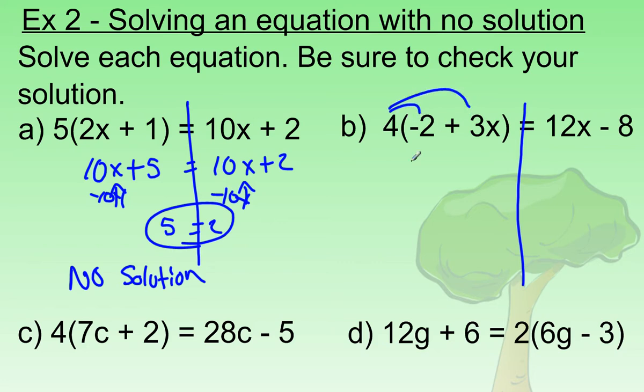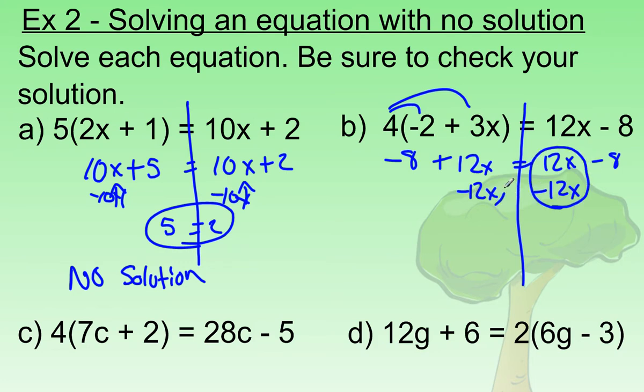I'm going to distribute negative 8 plus 12x, and over here 12x minus 8. I've got variables on both sides, so I subtract 12x on both sides. These cancel out, these cancel out, and we have negative 8 equals negative 8.